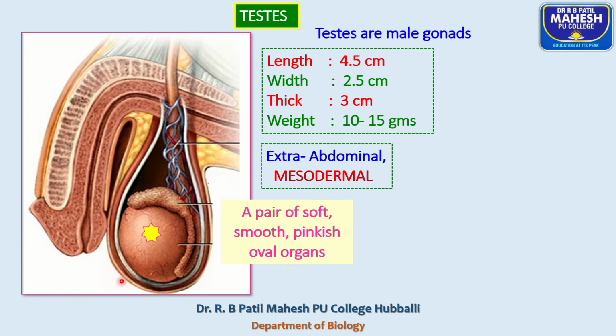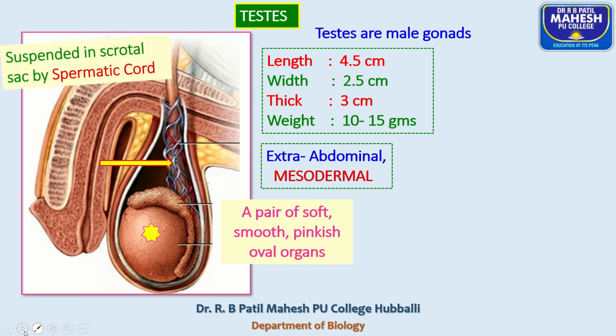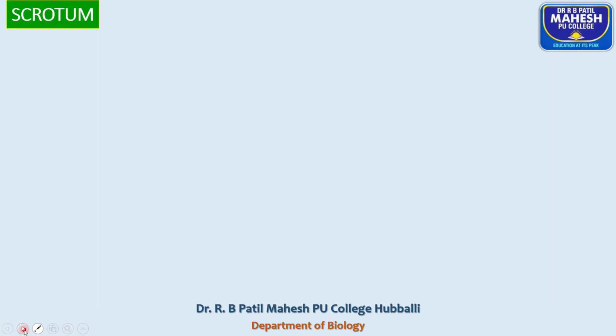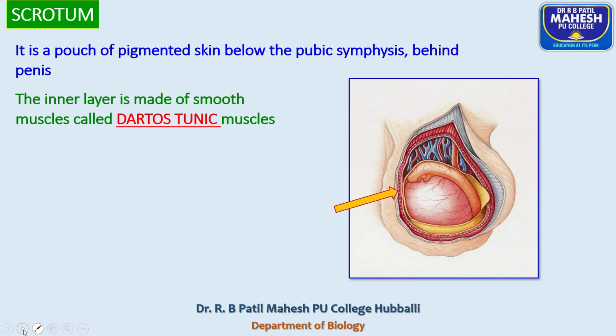The question arises why they are placed in the extra-abdominal cavity; we'll discuss that later. You remember the testes are placed within the scrotal sac by means of the spermatic cord. The scrotum is a pigmented skin pouch below the pubic symphysis and behind the penis.